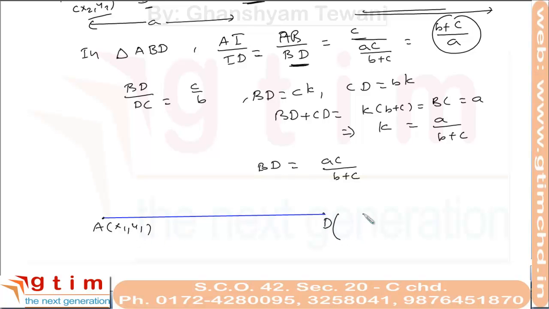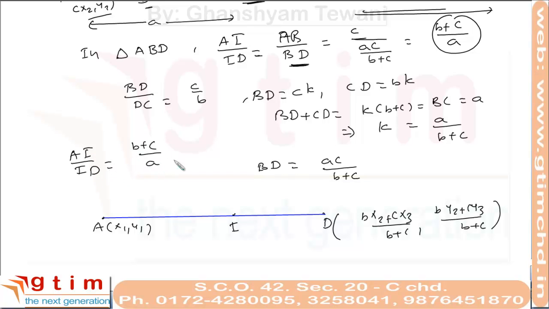Here it is D. Now I is somewhere here, and this ratio AI upon ID is b plus c upon a.